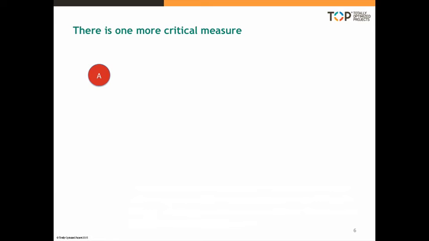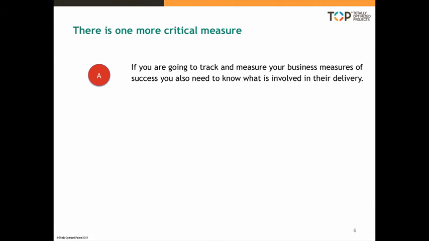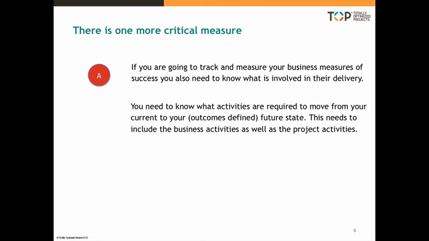And there is one other critical measure which we haven't mentioned to date, and that is the change activities required to achieve your measures of success. So if you're going to track and measure them, you need to know what's involved in their delivery. You need to know what activities are required to move you from your current to your outcomes defined future state. This needs to include the business activities as well as the project activities.